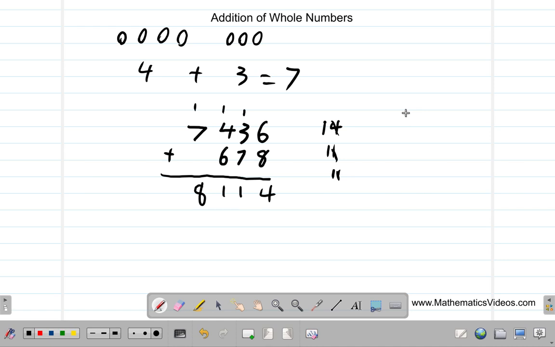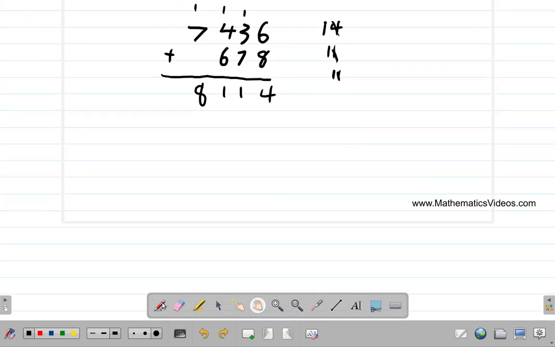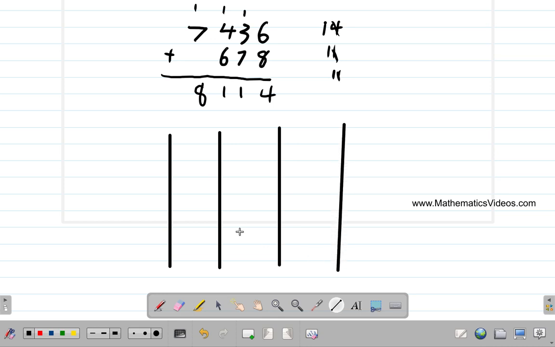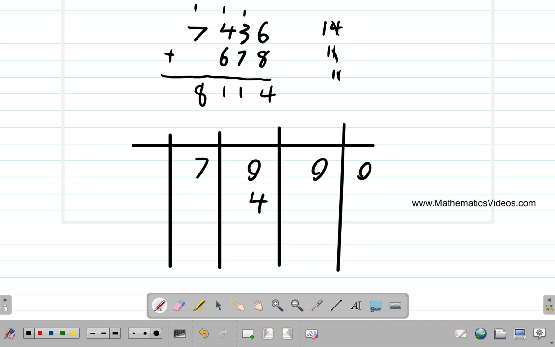You see the 7,436? Or the 7,000, you know. Let me write it differently. So, it's like you have a table, right? You have this table. And what you have is, let me write here, 7,000 plus 400 and 30 and 6.